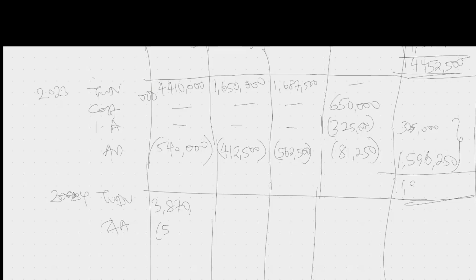So A is constant. What do you have for your use of all these assets? This one is 56.